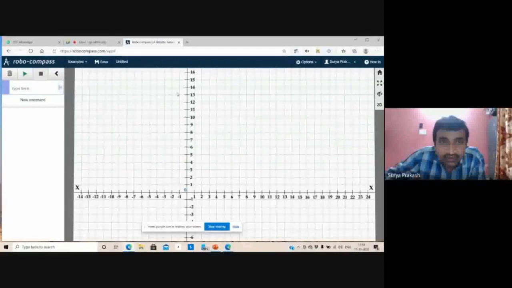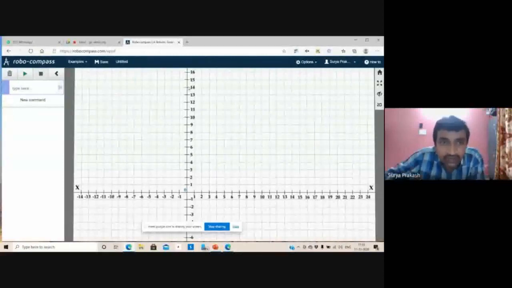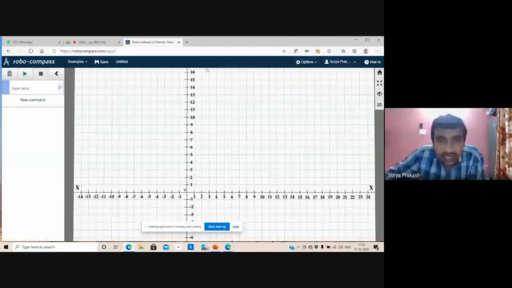The web page will open, and you can open this account either through a Google account, Facebook account, or Twitter account. Those who have a Twitter account can open this web page. After login, you can open this page with your name. So this is the outer structure of Robo Compass.